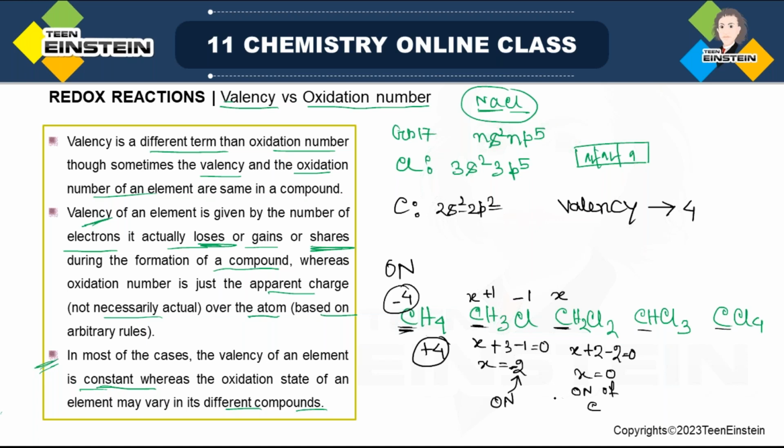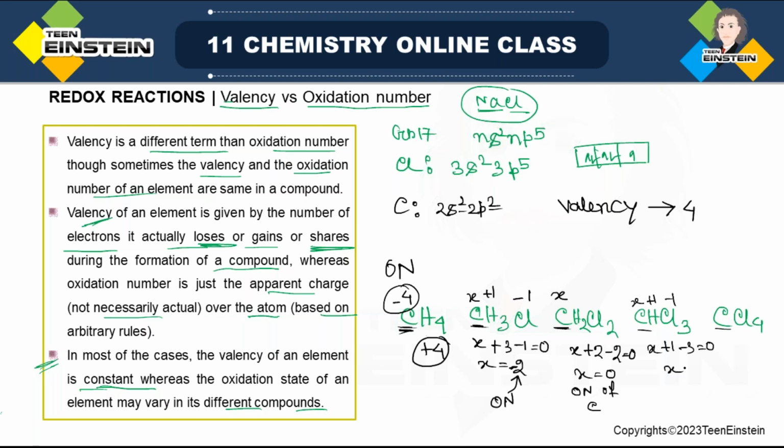So gradually you can see oxidation number is changing. From the first compound it is -4, in the second compound it is -2, then the next compound it is 0. Now in the fourth compound, X + 1, this is -1. So X + 1 - 3 for 3 chlorine.